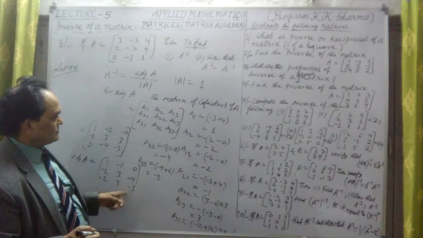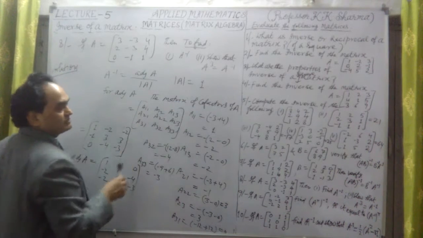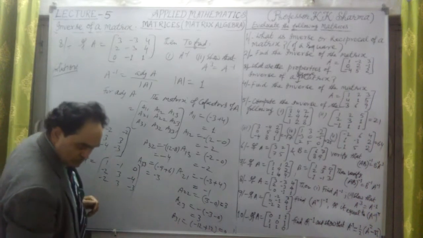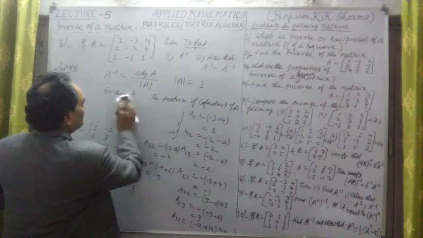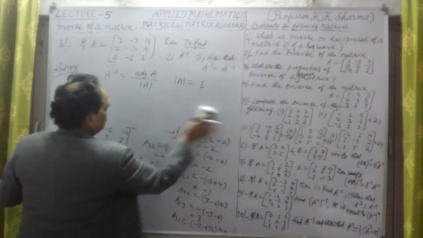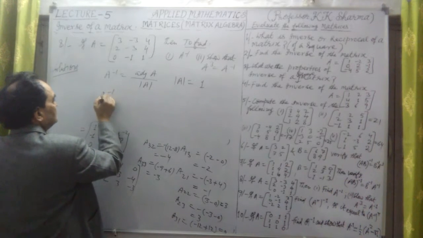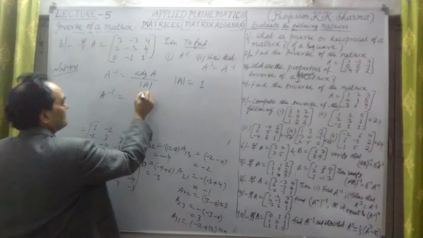This is adjoint of A, but adjoint of A upon the determinant value of A, which is 1, the same value is there. Therefore, A inverse is equal to adjoint of A. This is this value.